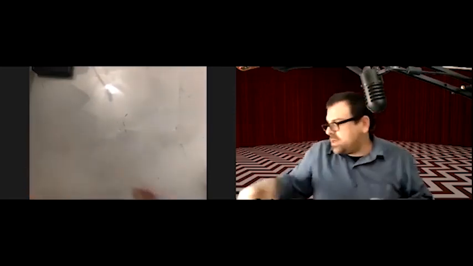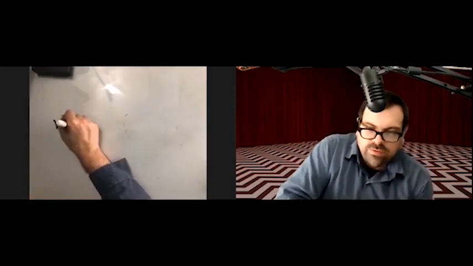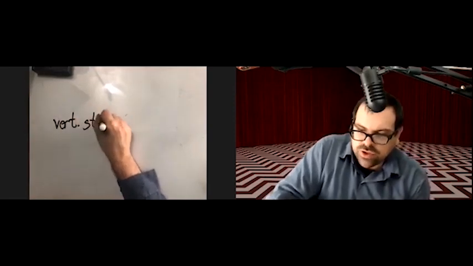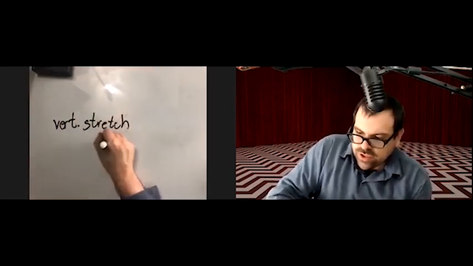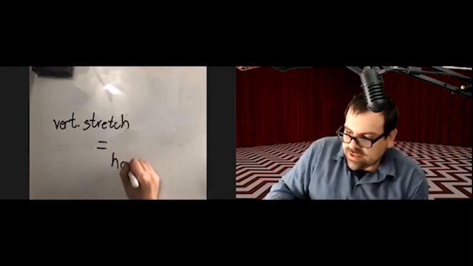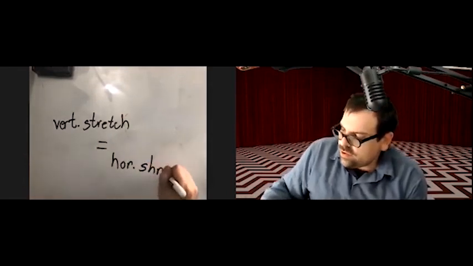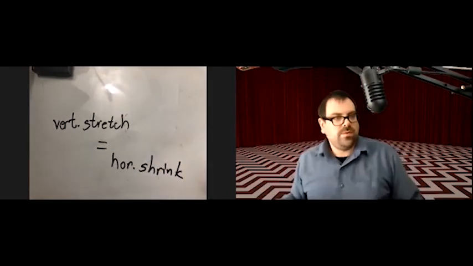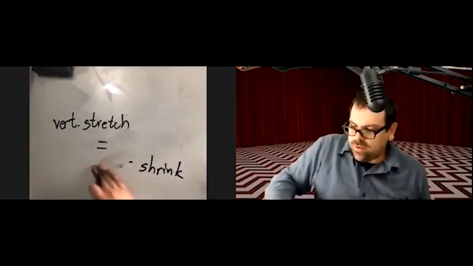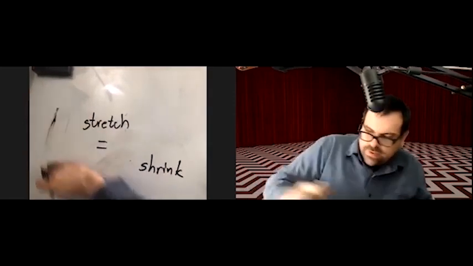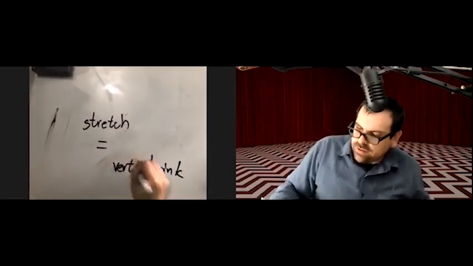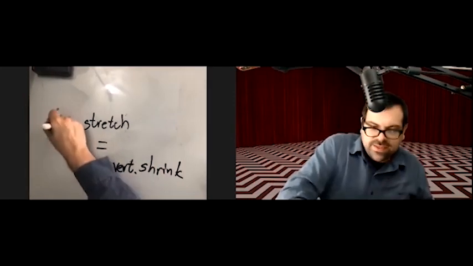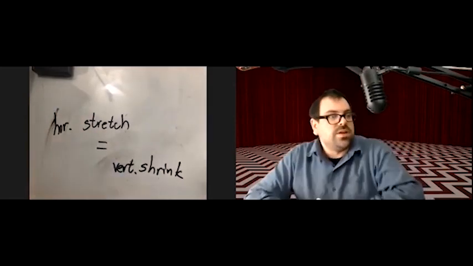So a vertical stretch is the same as a horizontal shrink. And a vertical shrink is the same as a horizontal stretch.